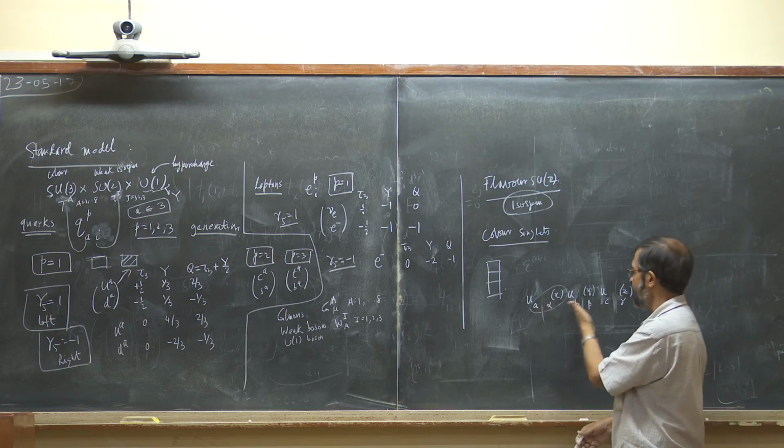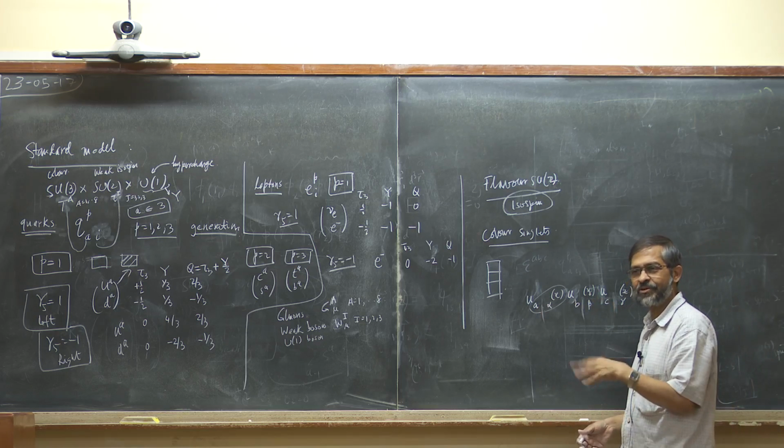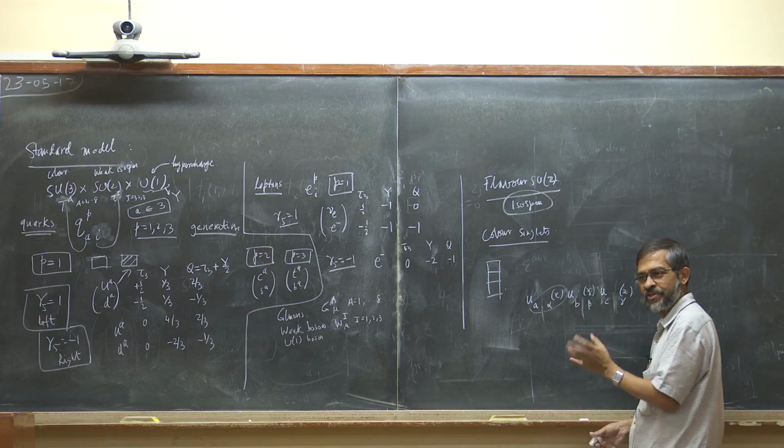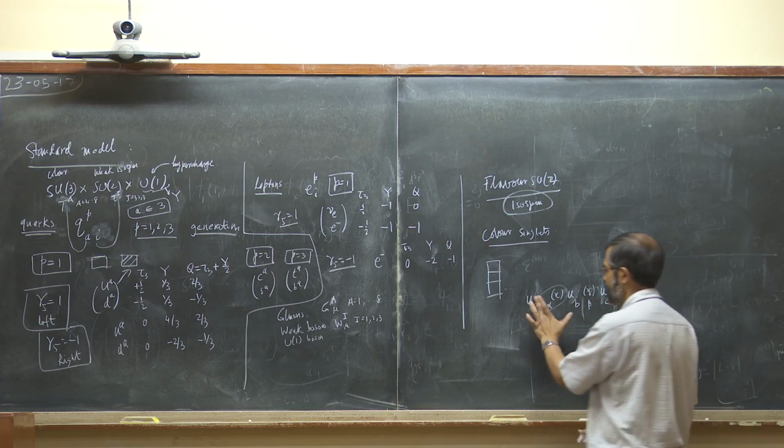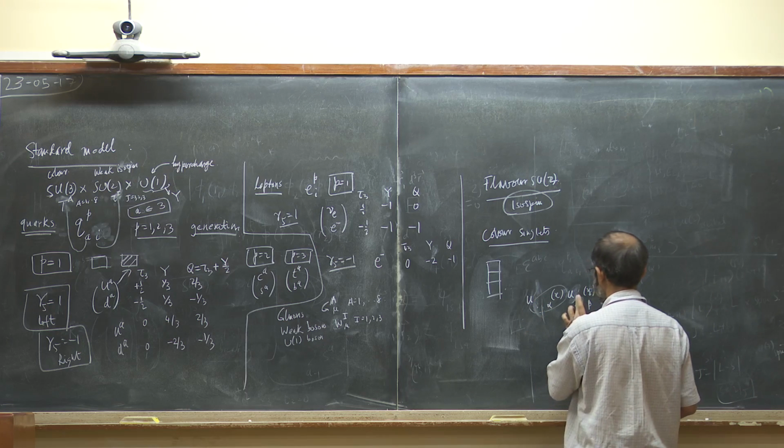So I can take them to be 1, 2 and 3, and I can think of these as cyclic permutations. So I'll forget about these as well.